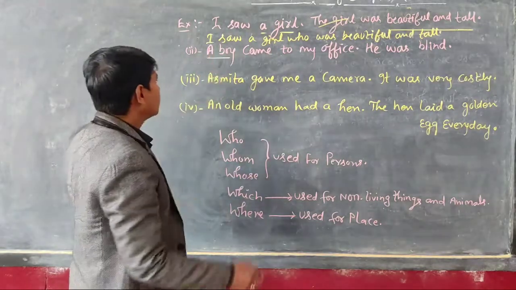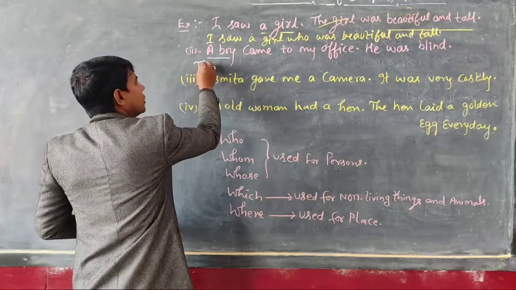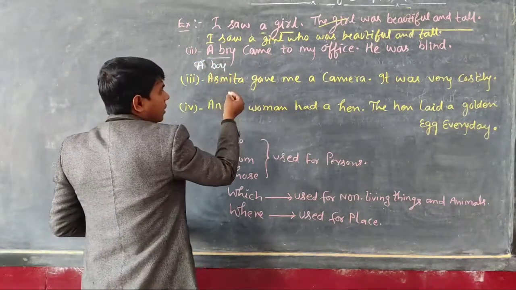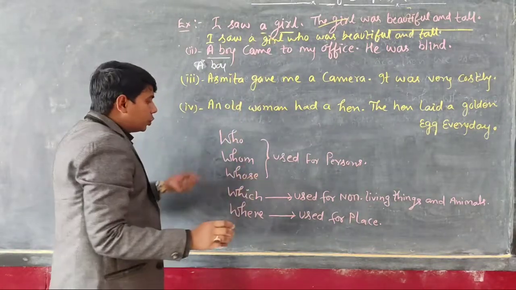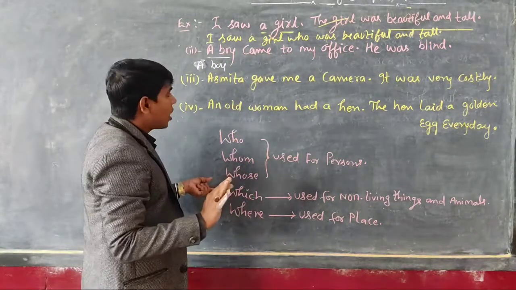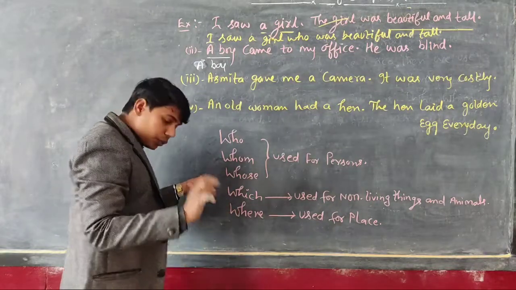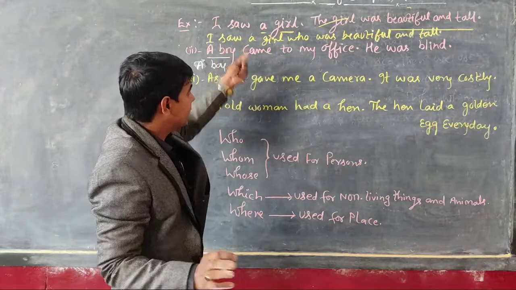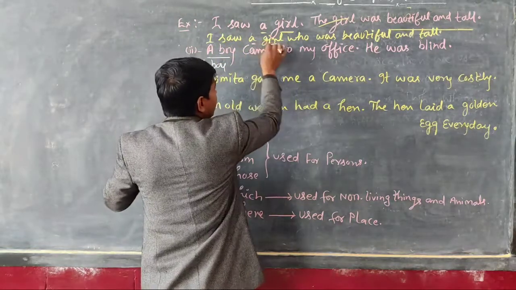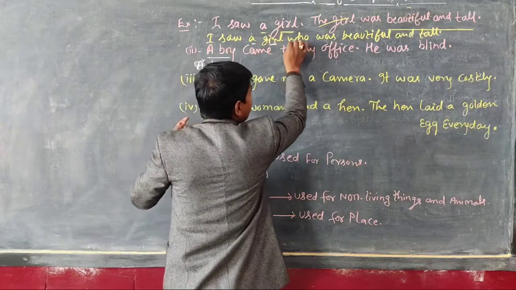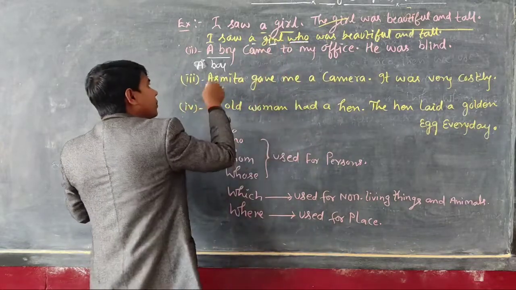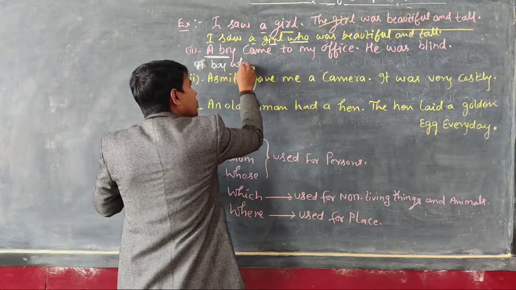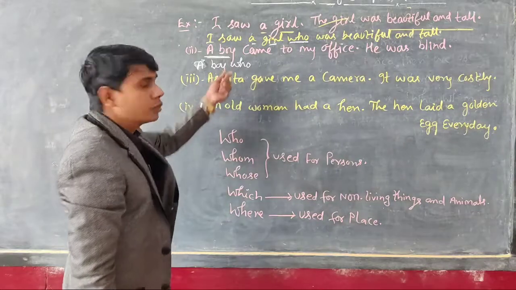When you synthesize, we use the relative pronoun just after the word about whom we have additional knowledge. In the first sentence we had additional knowledge about the girl, so just after the girl we used who. Here we have additional knowledge about the boy, so just after the boy we will use the relative pronoun who.